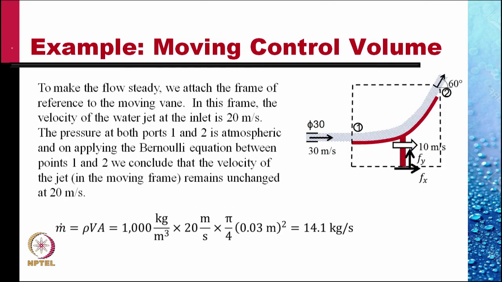The mass flux, m dot, is equal to rho VA, which is equal to 14.1 kilogram per second. This is negative at 1 and positive at 2: influx at 1, efflux at point 2.